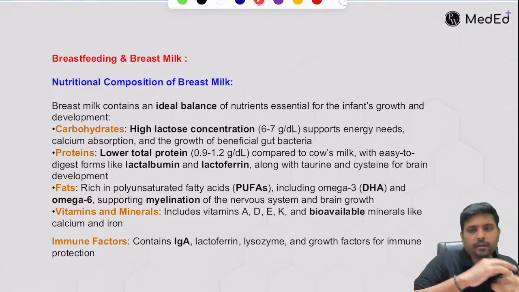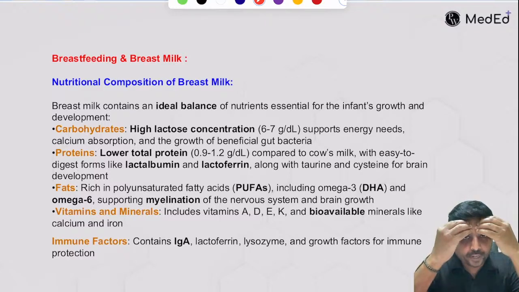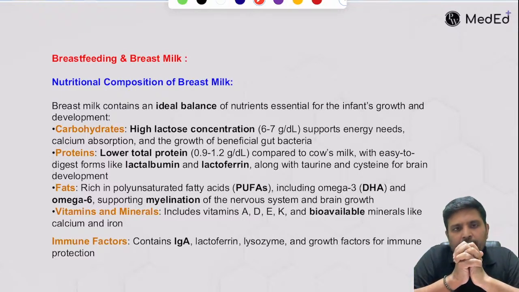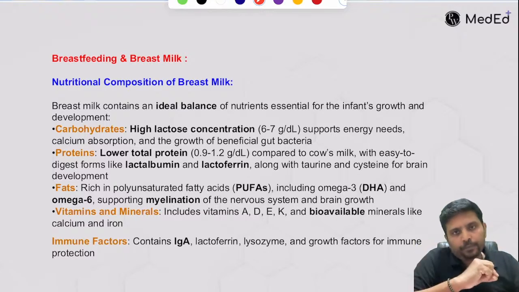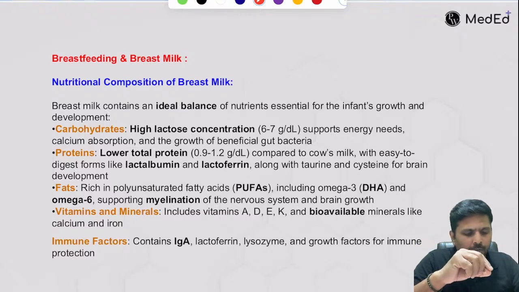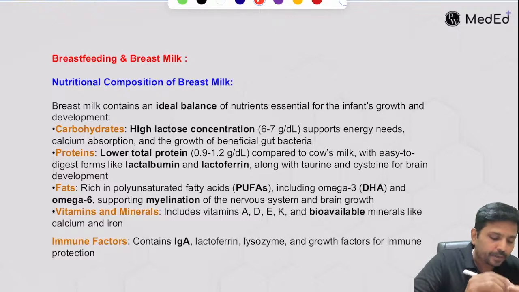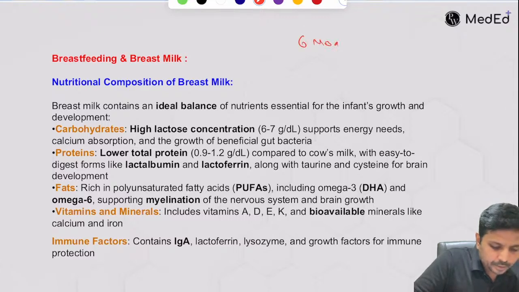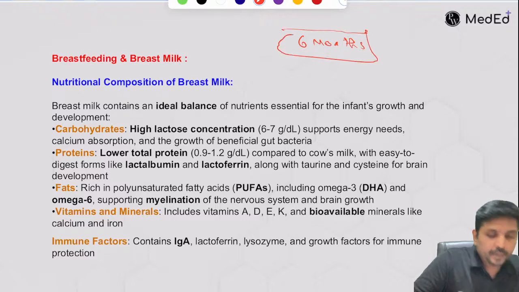Then finally, the topic for today is breast milk. What is the duration of exclusive breastfeeding? Exclusive breastfeeding means you are giving breast milk up to 6 months. Only breast milk up to 6 months. Exclusive breastfeeding also includes ORS.